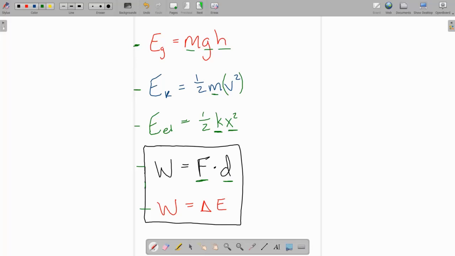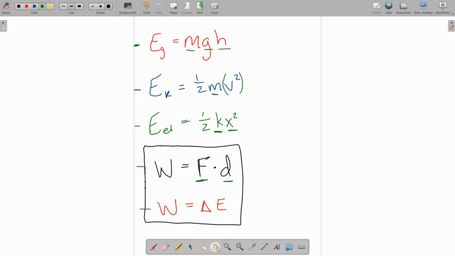And the gravitational potential energy that it has gained is equal to the amount of work that I did on the calculator. So I applied a force to it and I raised it up some distance. When you multiply those together, that's equal to the work, which is equal to the change in energy, which would, in this case, be gravitational potential energy. So just a little brief synopsis there.